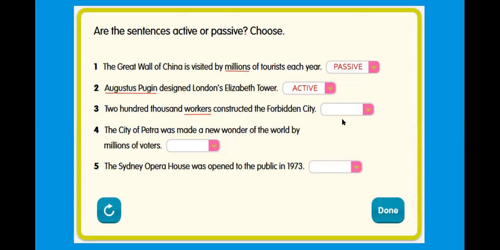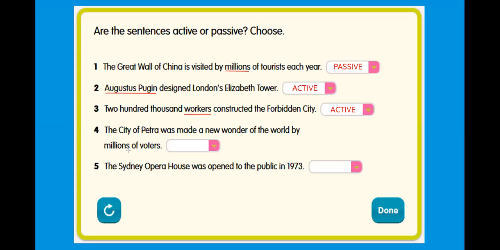In number four, the city of Petra was made a new wonder of the world by millions of voters. Take a look at the verb. The city of Petra was made. Who made a new wonder? Did the city of Petra make a new wonder? No. In this case, the subject is not doing the action.